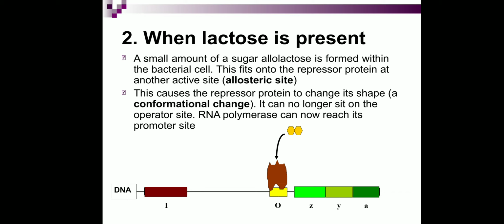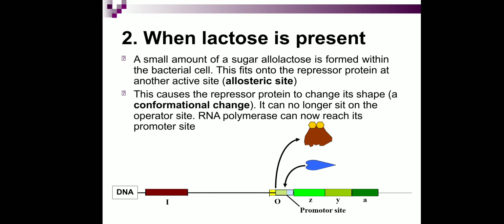When lactose is present, what will happen? There is a conformational change in the proteins. A small amount of the sugar allolactose is formed within the bacterial cell.